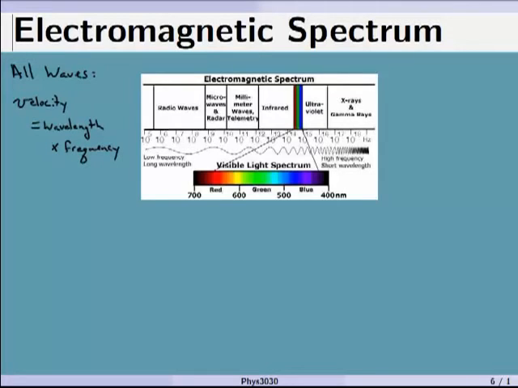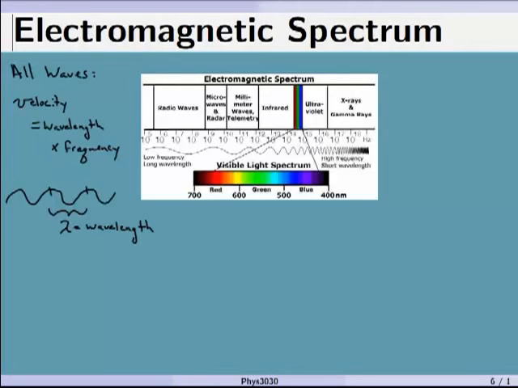Okay, you have some wave going along here, and the wavelength is the distance between two peaks or the distance between two troughs. We often use the Greek letter lambda for the wavelength. And the frequency is how often these peaks pass by you in time.